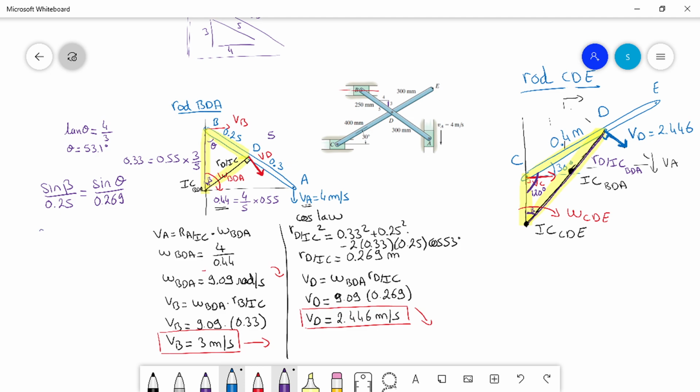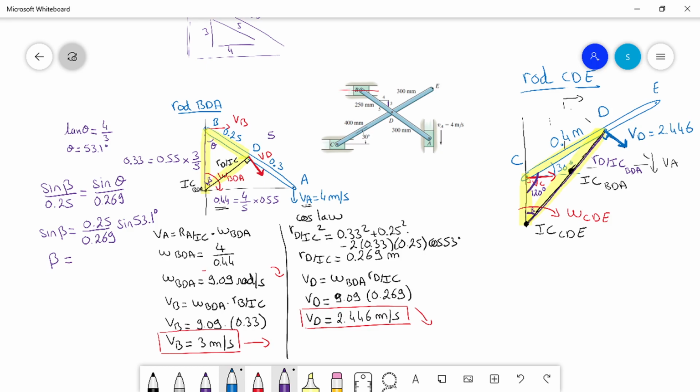So we got sine beta equal to 0.25 divided by 0.269 times sine theta. Theta is 53.1.